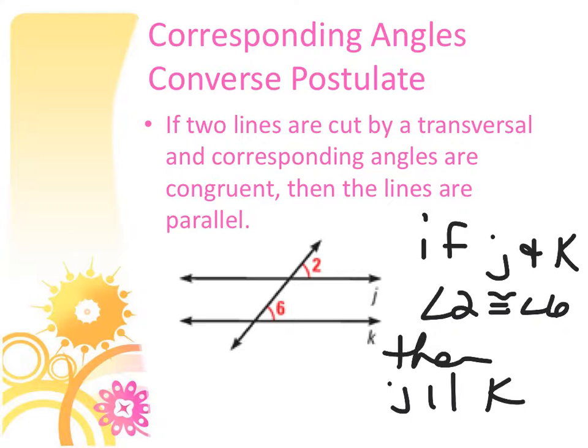So 2 and 6 in this picture are corresponding angles, and because they are congruent, you can prove that line J is parallel to line K.